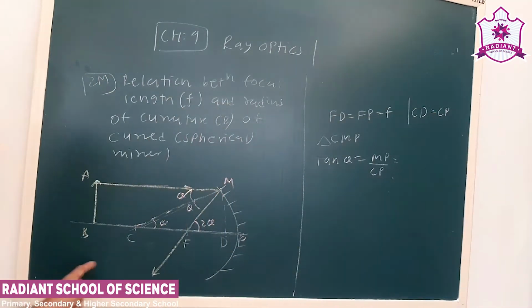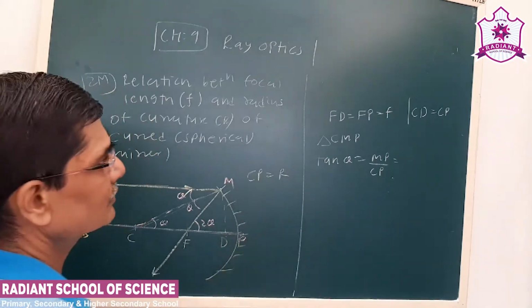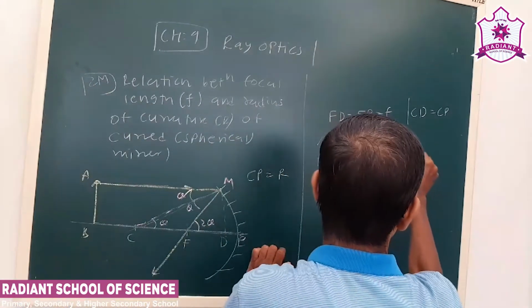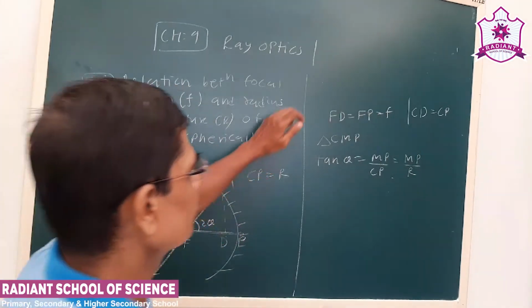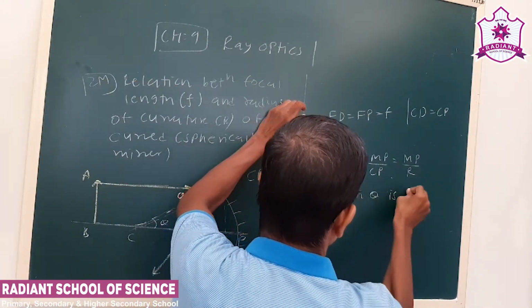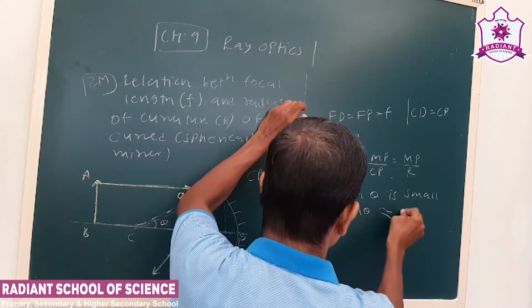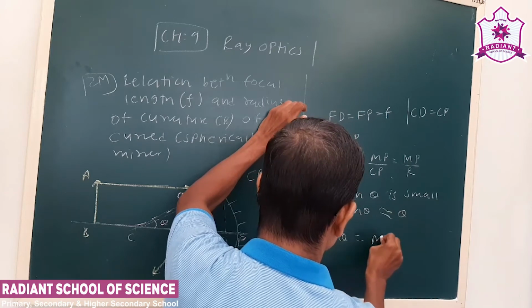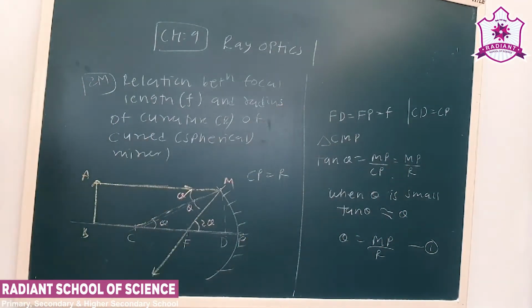Now CP is nothing but R, that is the radius of curvature. Now when theta is small, tan theta is approximately theta. Let us say this is relation number 1.